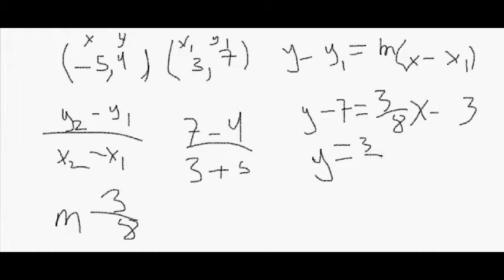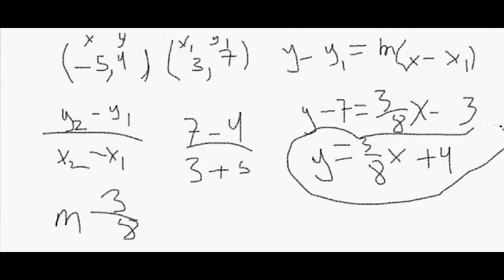So y equals 3 over 8x plus 7 on both sides, which comes out to be positive 4. Alright, that's your answer. And then you can graph if needed. That's the same philosophy applied to problems 54, 55, 56, and 57.